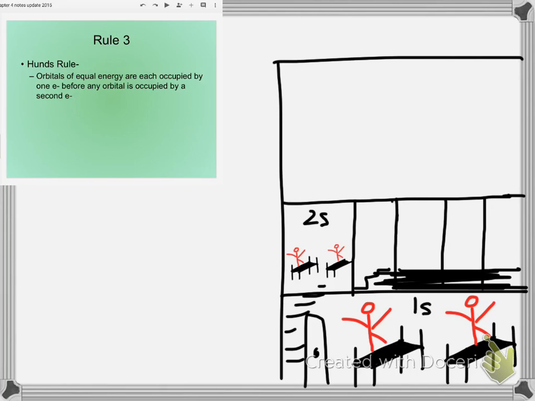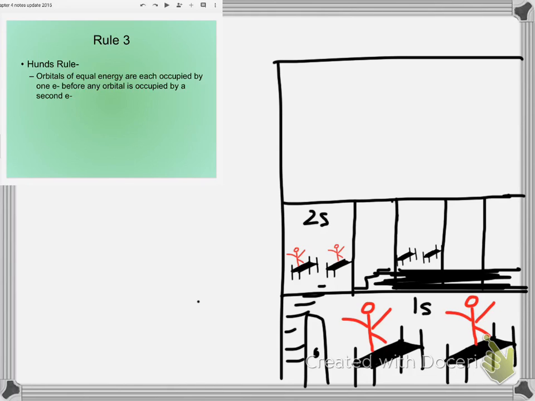Well, then it's time to keep hiking. And it just so happens that there are 3 of these next rooms. So the 2 p's, the 2p orbitals, all have the same amount of energy.